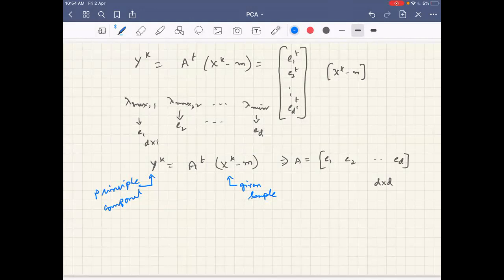So what is the difference between the x_k samples and the y_k's? Let us see that. It will help us to understand the role of principal component analysis.